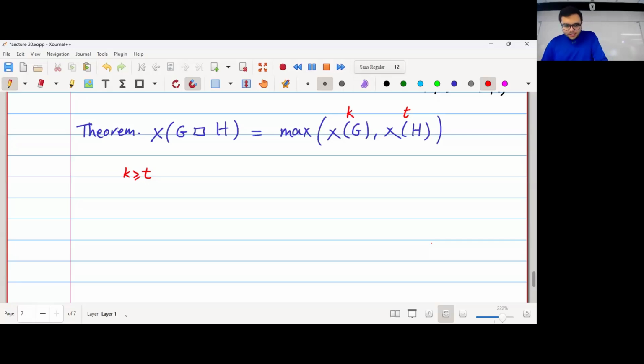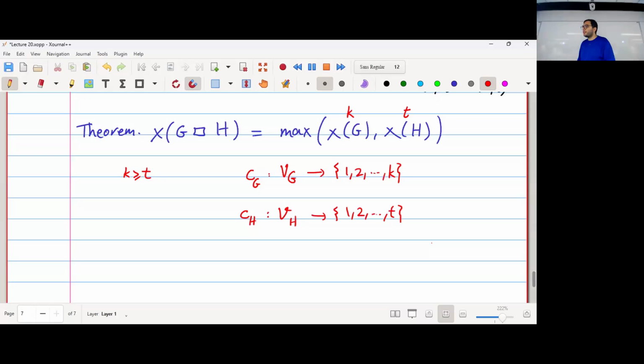Okay. So what does this mean? This means that I had a coloring in G that basically mapped vertices of G to numbers between 1 to K. And I also had a coloring in H that mapped the vertices of H to numbers between 1 to T. Okay. So first of all, I kind of don't like to use numbers starting from 1 because I'm a computer scientist.